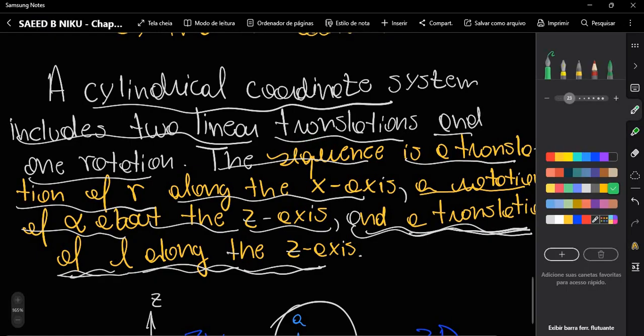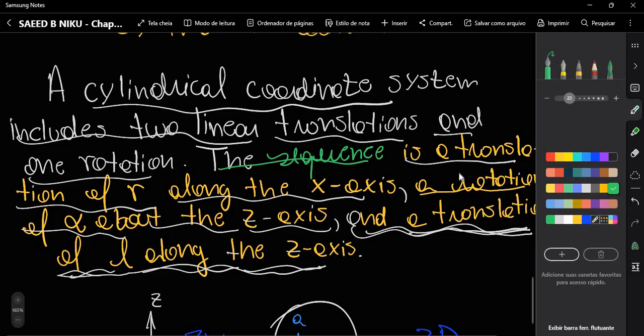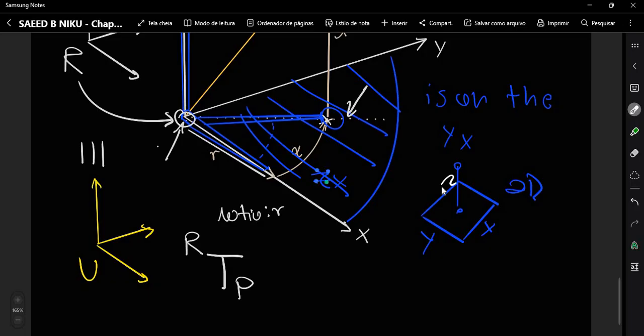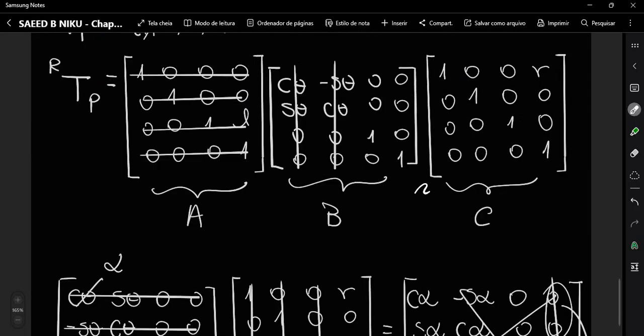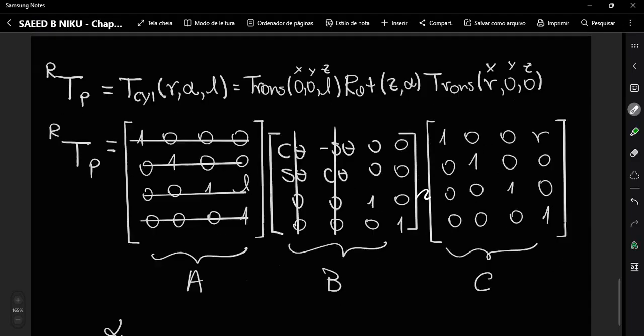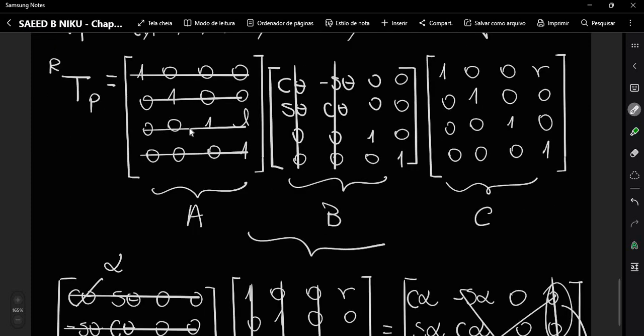We are working with a sequence, and that means if it's describing a translation, after a rotation, and after another translation, like we are doing right here, a translation, a rotation, and a translation, A, B, and C, so we are multiplying the matrices, which is the most important part right here.